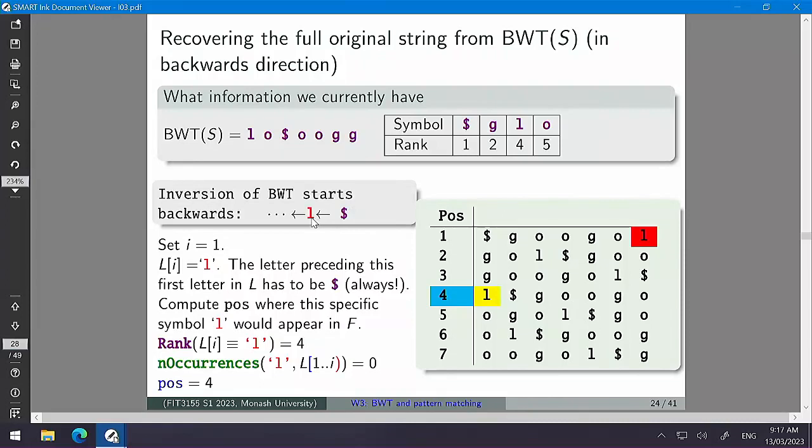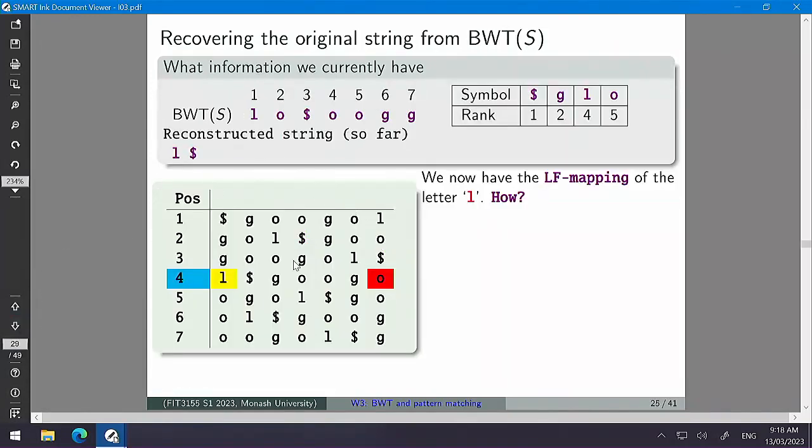I started with L. I mapped it to 4. I look at the last letter for that position, the Burrows-Wheeler transform at position 4, which is O. So when I get that, I essentially have that letter recovered. So the LF mapping has been done.